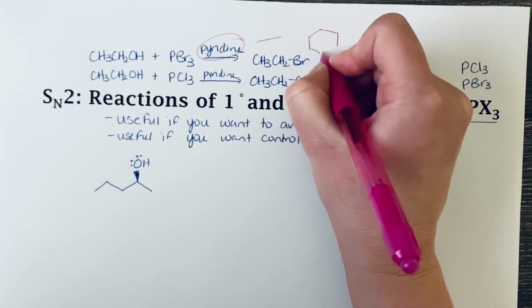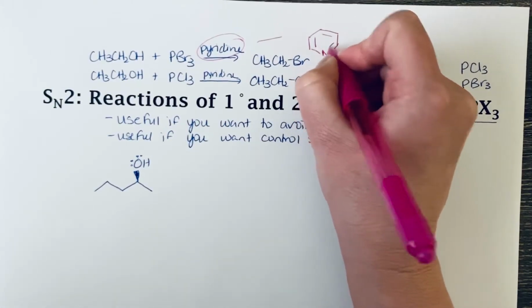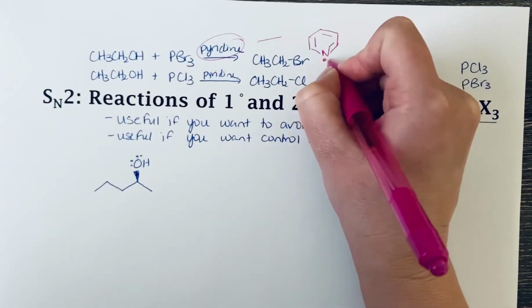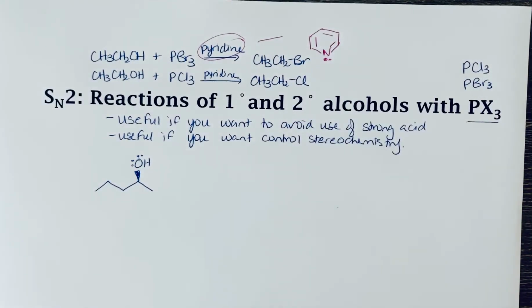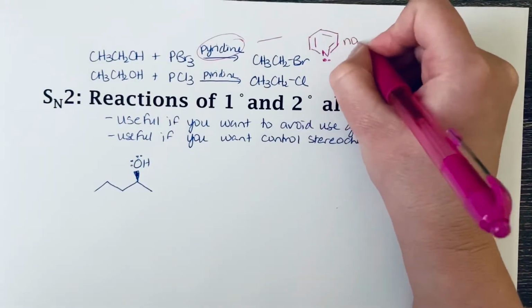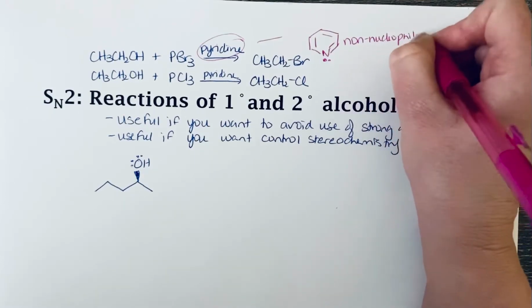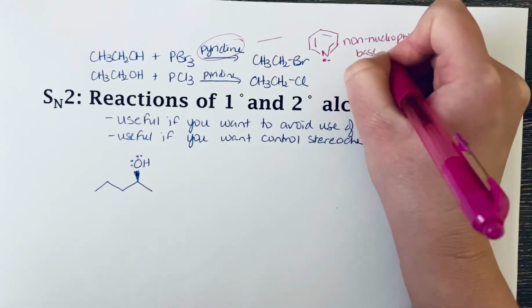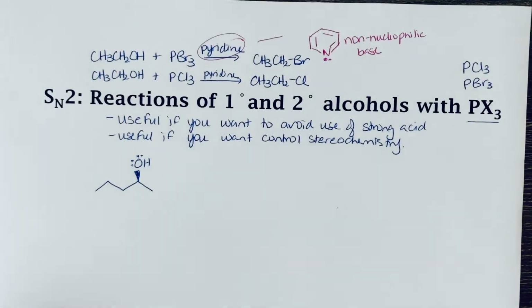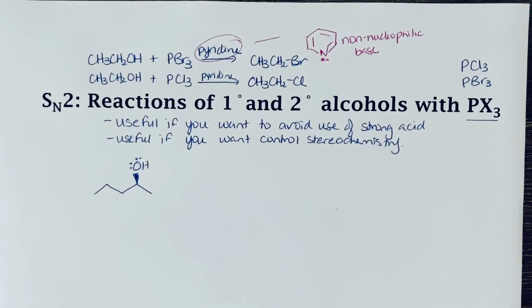So it is an aromatic base, and it is a base that is not a nucleophile. So it doesn't compete in this reaction. So this is a non-nucleophilic base. So we add this simply to take an acidic proton in this solution without interfering in the reaction itself.